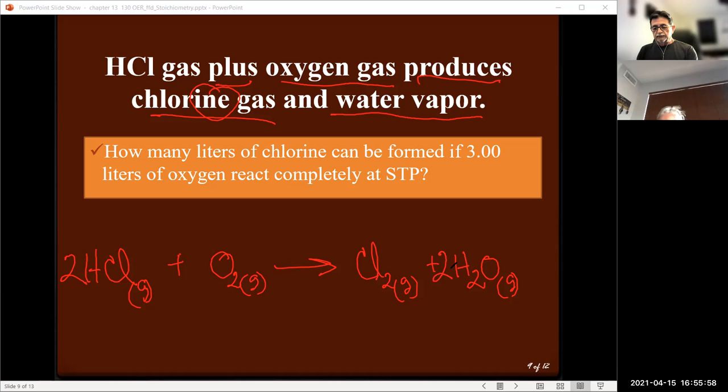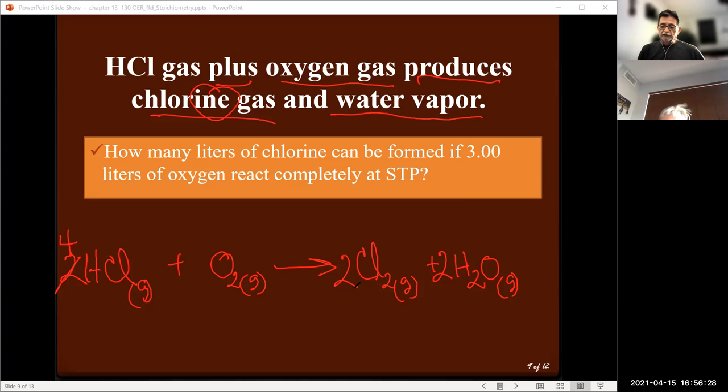Let me restate that. It gives me 2 oxygens, but it kicks up my hydrogens up to 4. So maybe if I change my 2 here to 4, that balances my hydrogens, right? But then what happens? Now I got 4 Cls. Well, I need a 2 in front of chlorine gas.